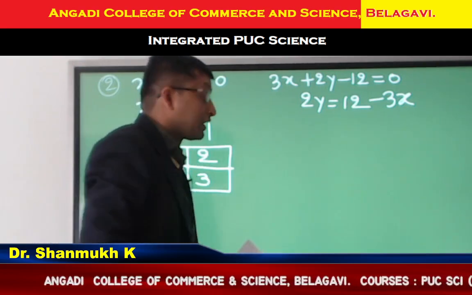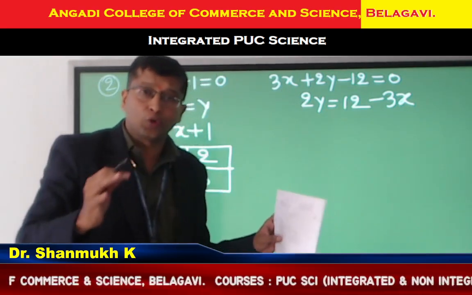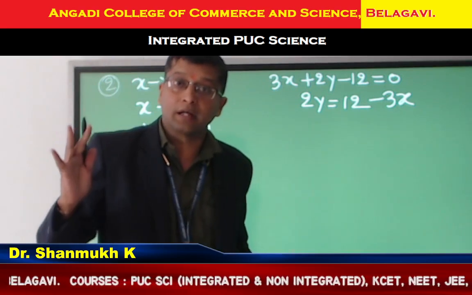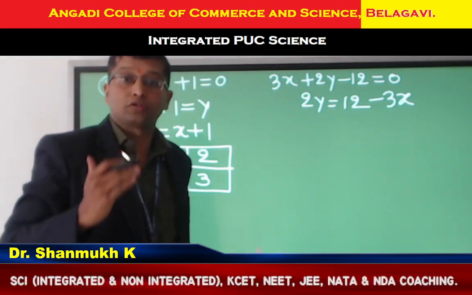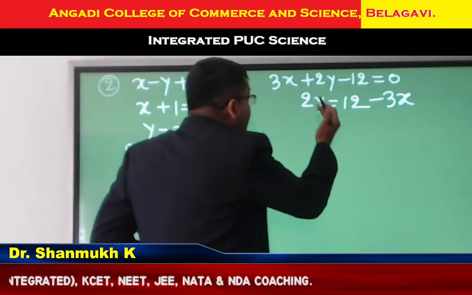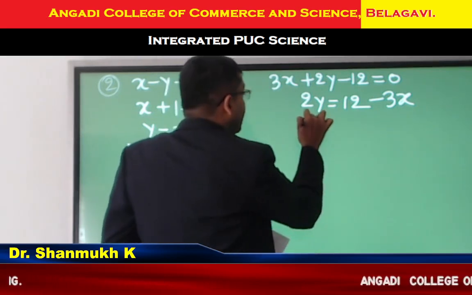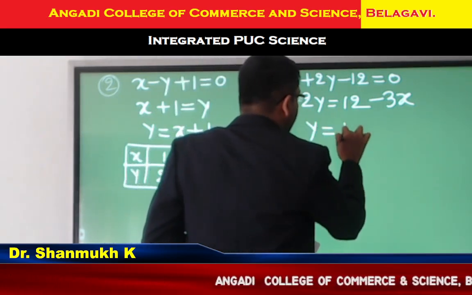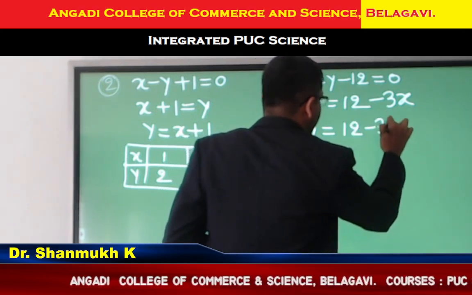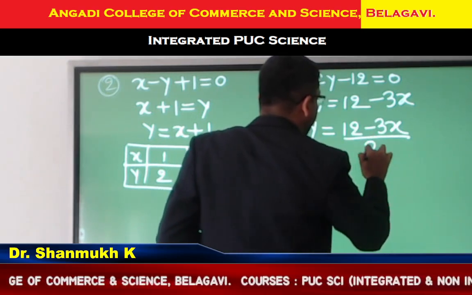Very simple. Now we got a solution for 2y, not y. So then write a solution for y. Now 2 is multiplied with y, transport it, and we get a solution for y. So y is 12 minus 3x divided by 2.